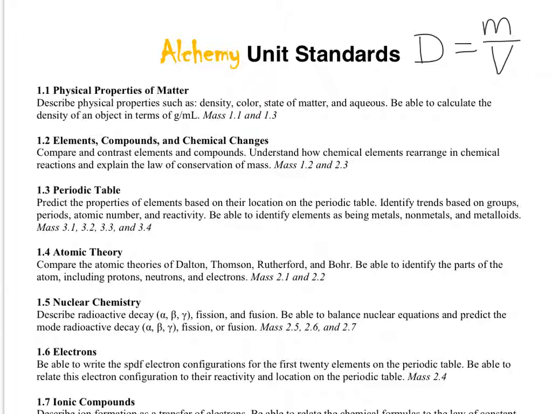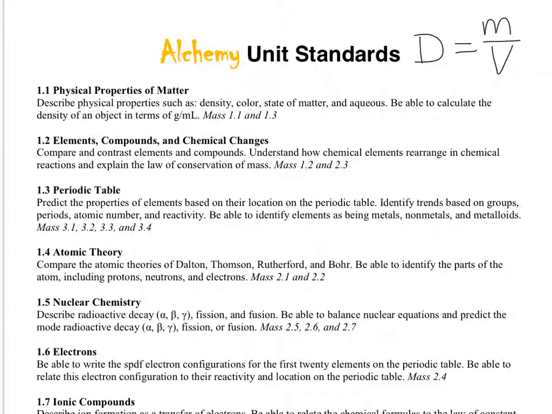What I want you to be able to tell me from the periodic table is this: the properties, how elements are going to react and behave, are very predictable, and we can identify this based on their location on the periodic table.